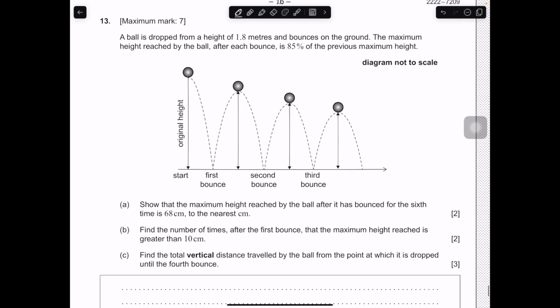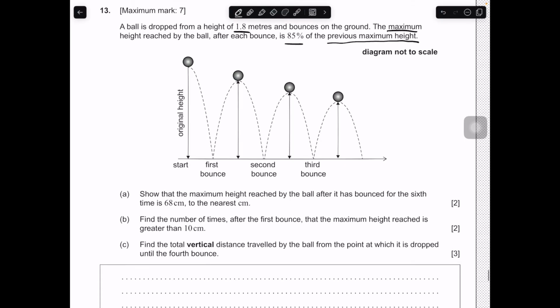Last question, a 13-mark question here. A ball is dropped from a height of 1.8 meters and bounces on the ground. The maximum height reached by the ball after each bounce is 85% of the previous maximum height.